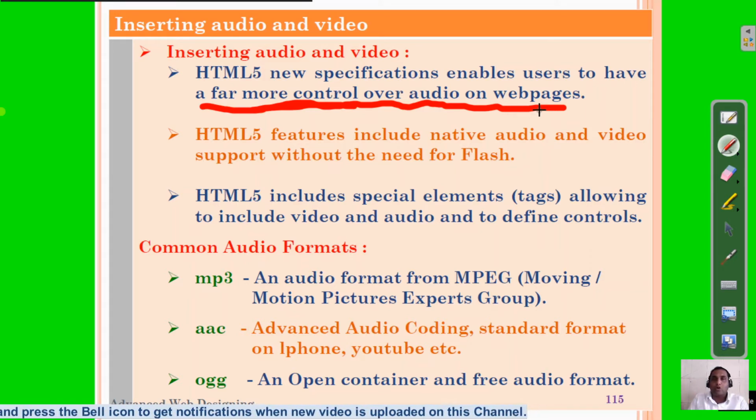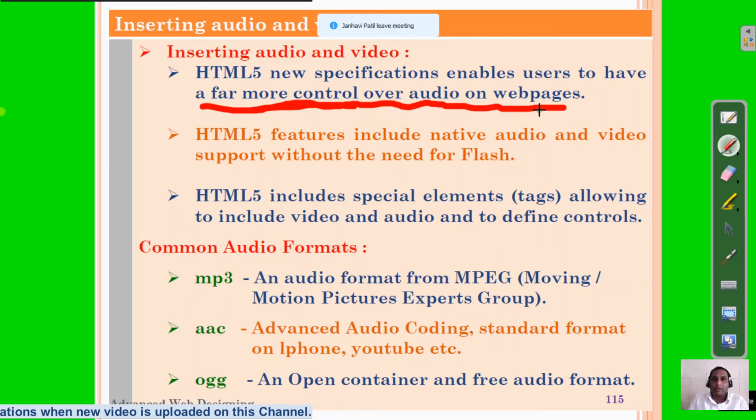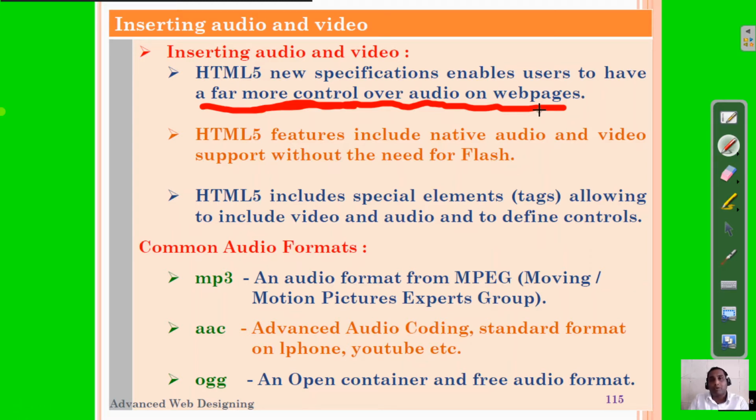So if I want to play an audio file or video file, then a web browser needs an extra plugin, like a device driver to be installed onto a computer to make use of a particular device. Similarly, plugins need to be installed, only then will that audio or video file play on the web browser. But that is not the case with HTML5. In HTML5, you don't require any additional plugins like Flash.